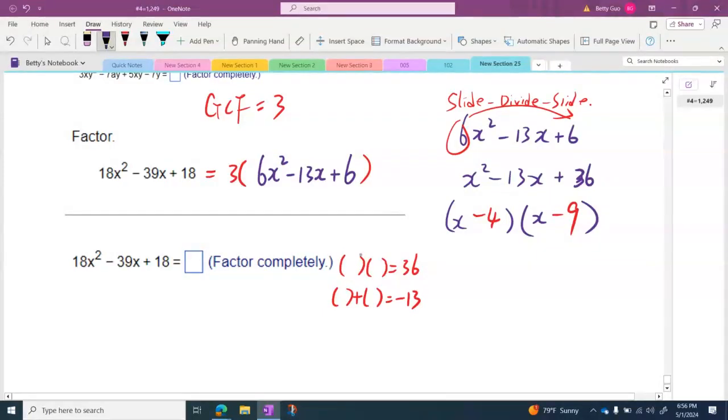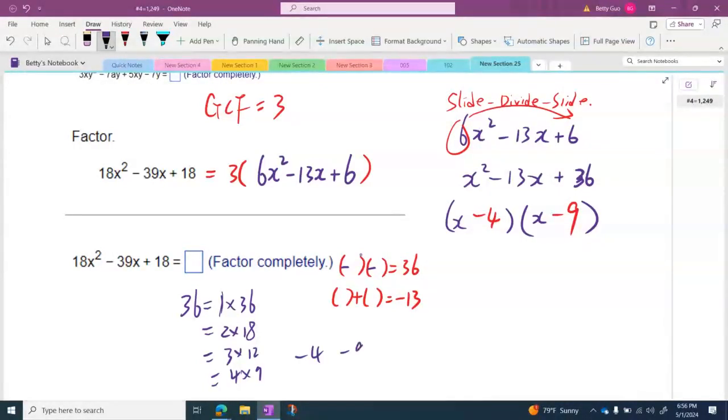The two numbers must both be negative, because they have to have the same sign in order for the product to be positive, and they cannot both be positive because they add up to negative. We try 36: 1 times 36, 2 times 18, 3 times 12, 4 times 9, and you see, oh, 4 and 9, right?